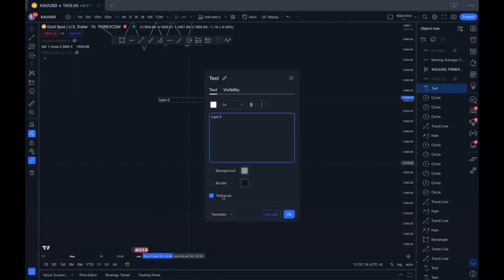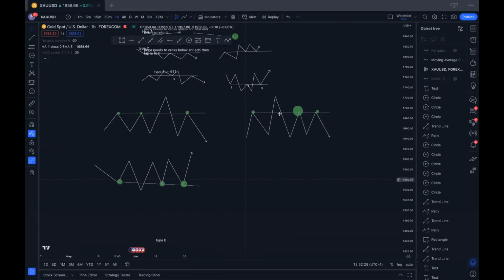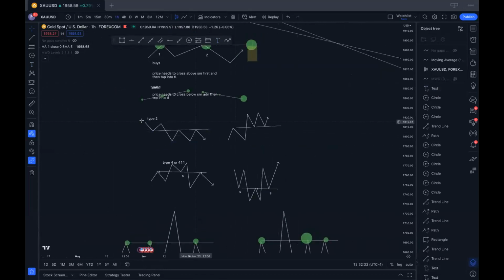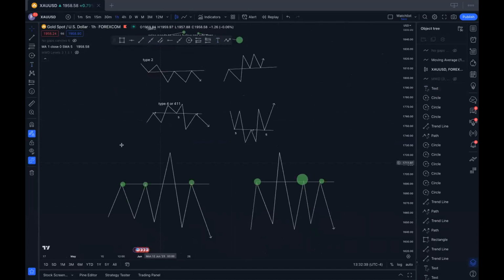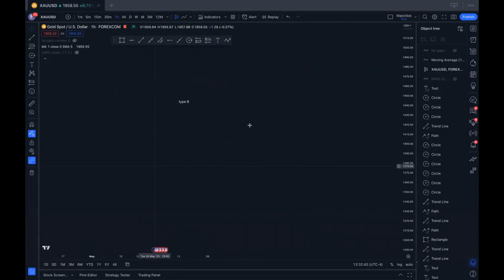Type 6 is pretty much like a breakout trend line, like type 2. So we have the test of support, break, resistance, resistance. For this one, you have two tests before the breakout. So you'll have it like this.